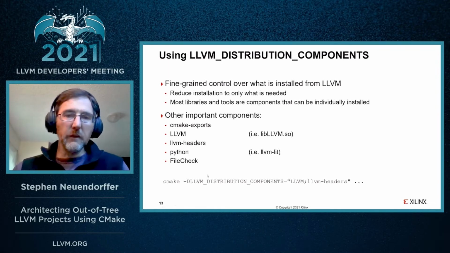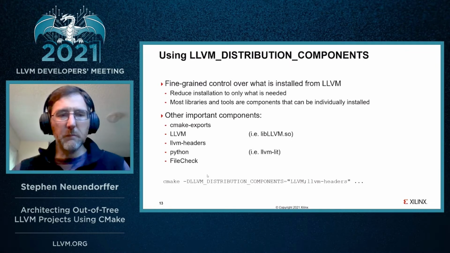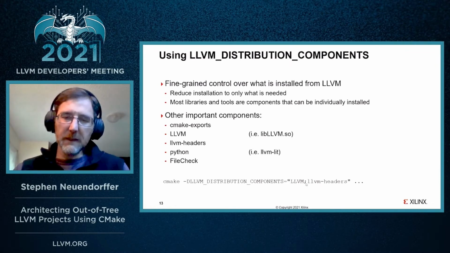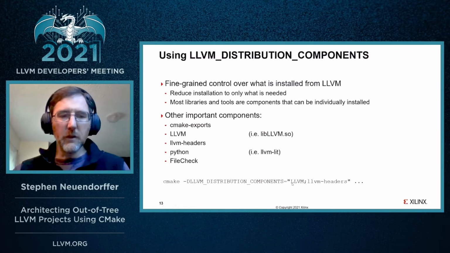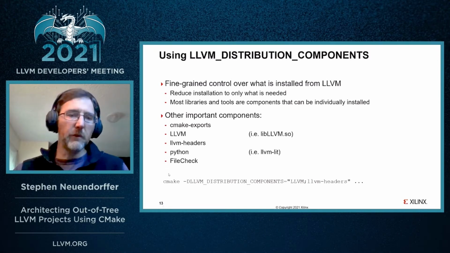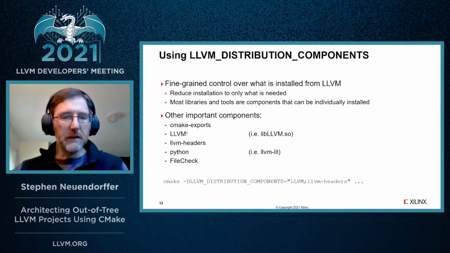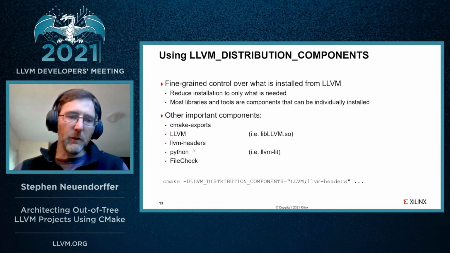So with LLVM distribution components, most libraries and tools are things that you can specify as a component in this line and have them installed along with your LLVM build. In addition, these sort of pseudo targets are useful for representing different components, like the export of information in CMake that we'll talk a little bit more about next, LibLLVM, and along with the headers that you're going to need to compile against LibLLVM.